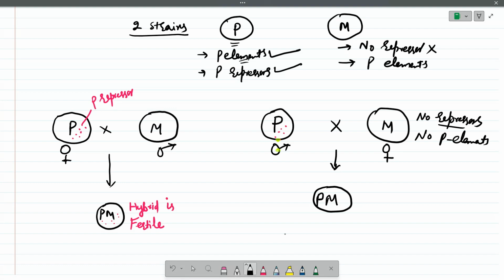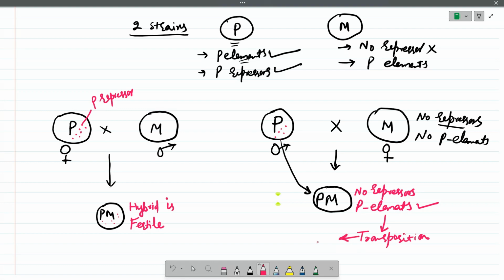But there will be no P repressors, and the P element coming from the father will undergo a hell of a transposition and will cause dysgenesis. So we can write: no repressors in the hybrid, but P elements are present. As a result, there will be transposition, and hence sterility of the hybrid.